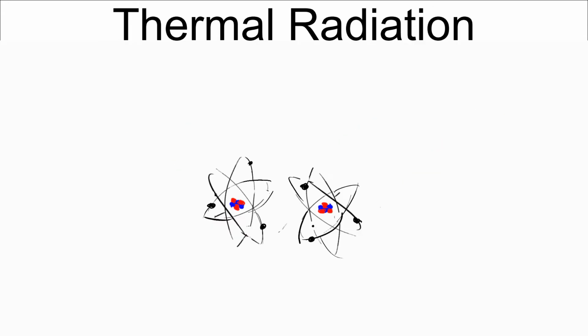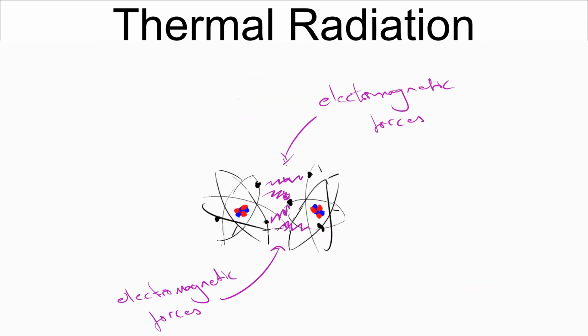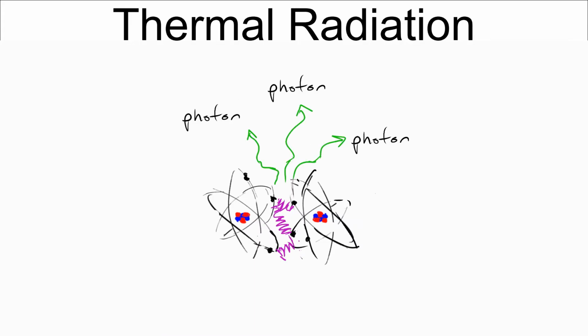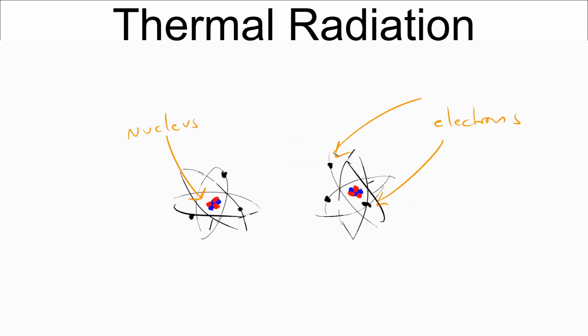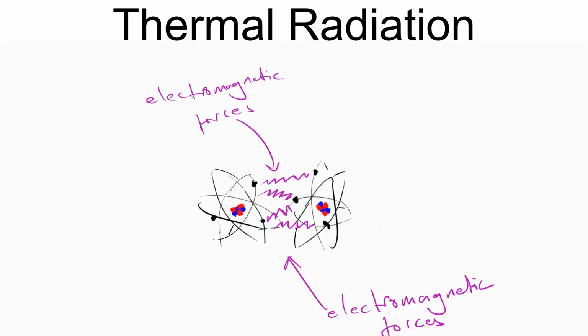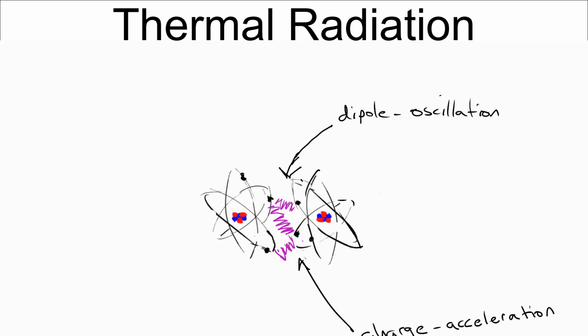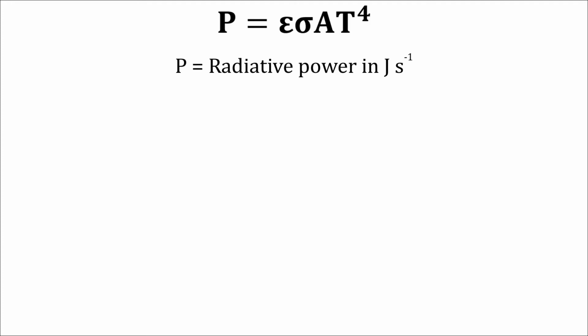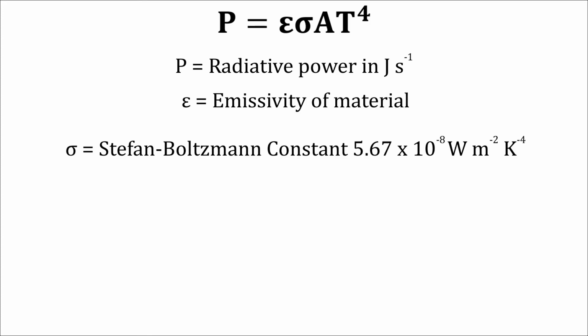This creates charge acceleration effects and dipole oscillation effects, which store and output energy. The energy is then outputted as photons. The characteristic equation for thermal radiation is the Stefan-Boltzmann expression, which is shown here.